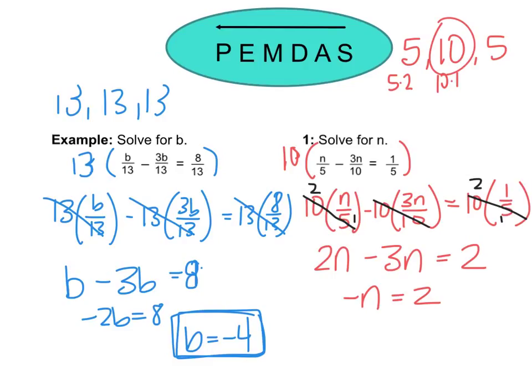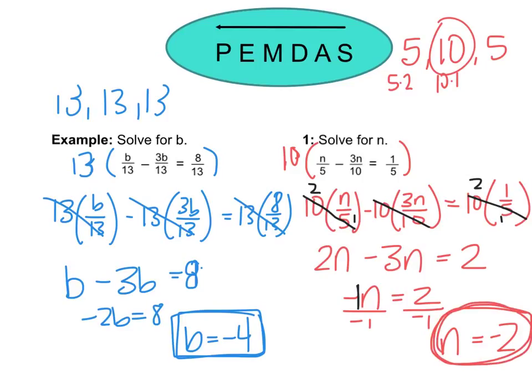And now I want you to remember that when you see -n, it's really a -1n. There is a placeholder in there. And so we need to divide both sides by that -1 so that we get a positive n equals -2. Because when you solve, a variable always has to be positive. It can never be a negative variable.